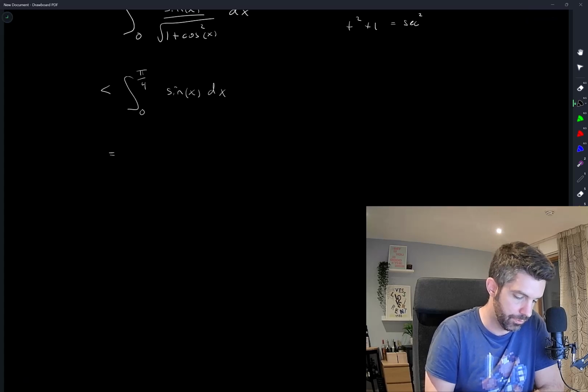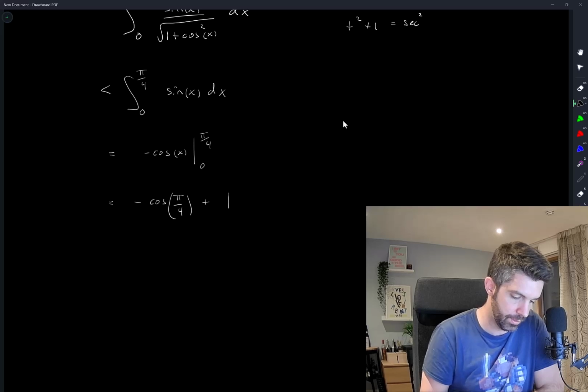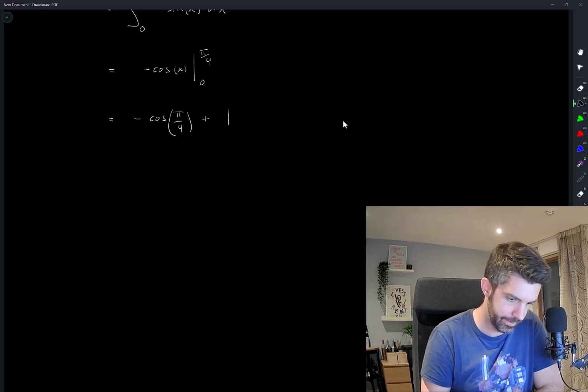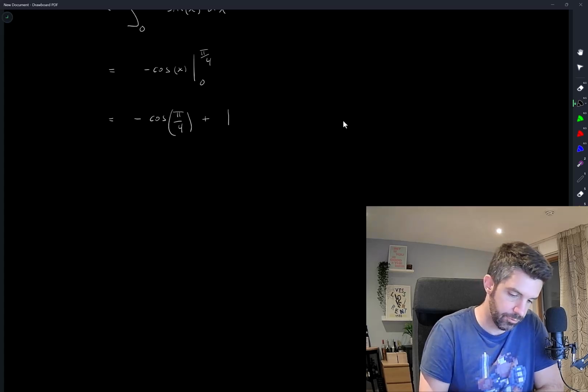And this is equal to negative cosine of x evaluated from 0 to pi over 4. So I have negative cosine of pi over 4 plus 1. Cosine pi over 4 is 1 over root 2, right? Let me just make sure of that.